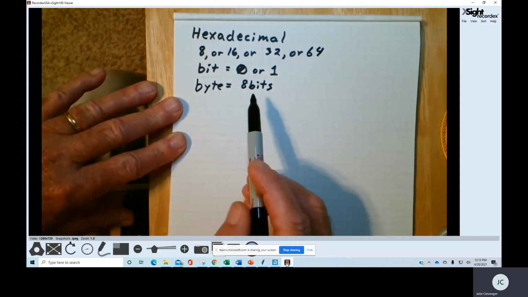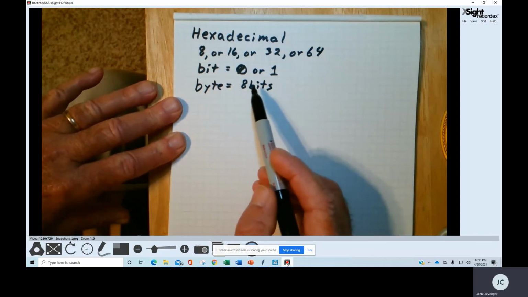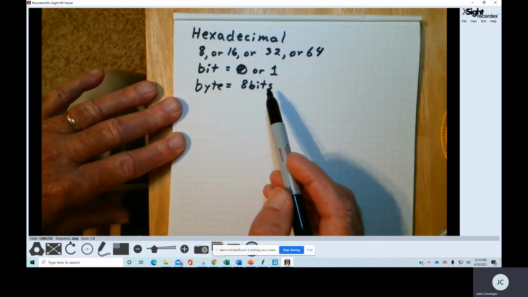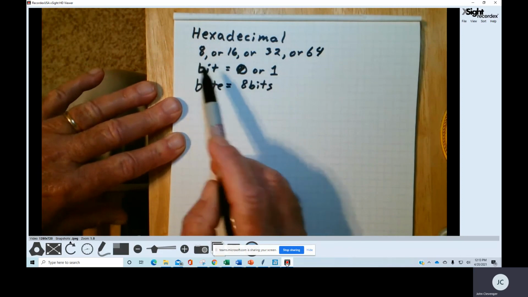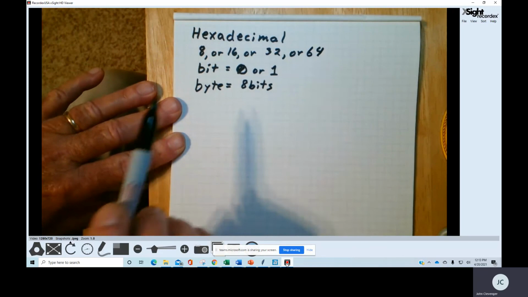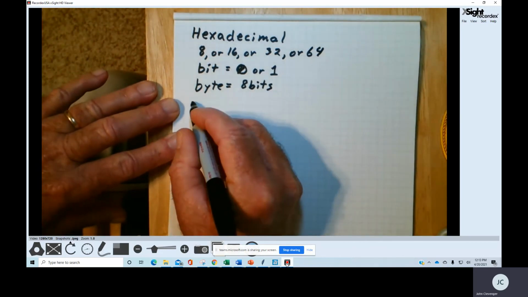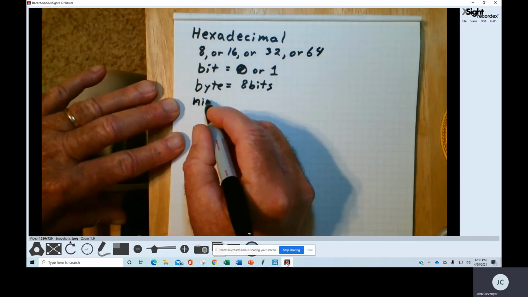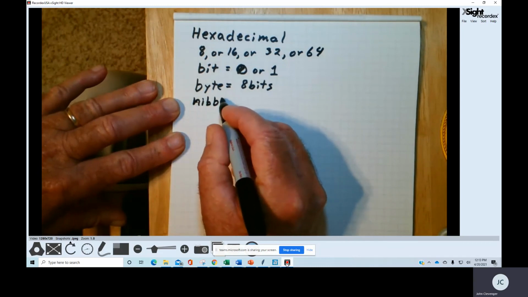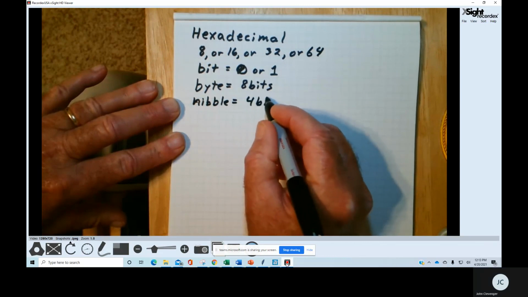And again, we do this because most of our computer systems or our digital systems group together these zeros and ones in groups of 8 bits or 16 bits or 32 bits or 64 bits. Now, we also can think of these bits together in 4-bit groups.